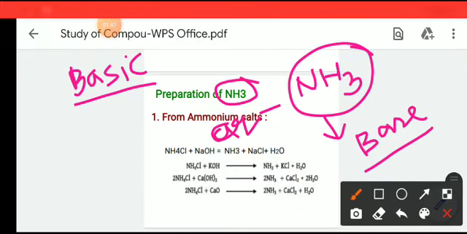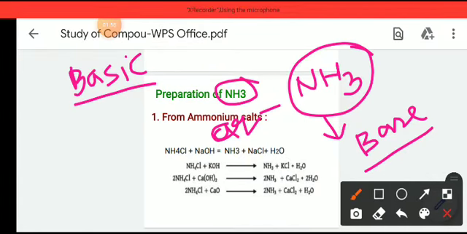So aqueous ammonia is a base, whereas aqueous HCl is an acid, named hydrochloric acid. We have learned this previously.